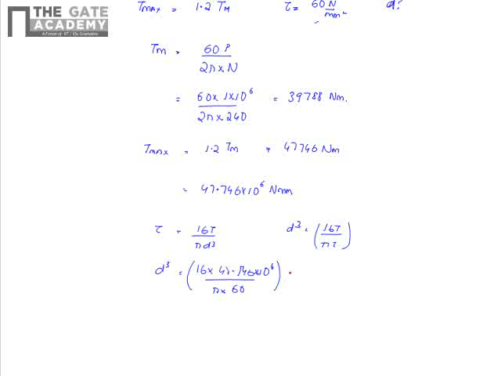This will be d cube. This will be coming to how much? 16 into 47.746 into 10 power 6 divided by pi into 60, this will come to 405.36 into 10 power 4 millimeter cube.